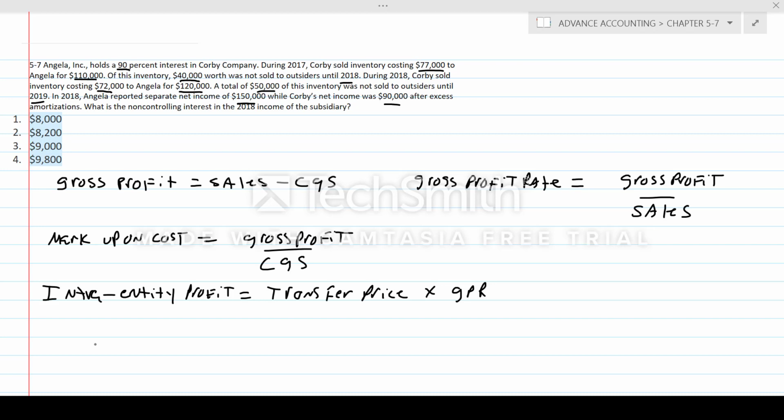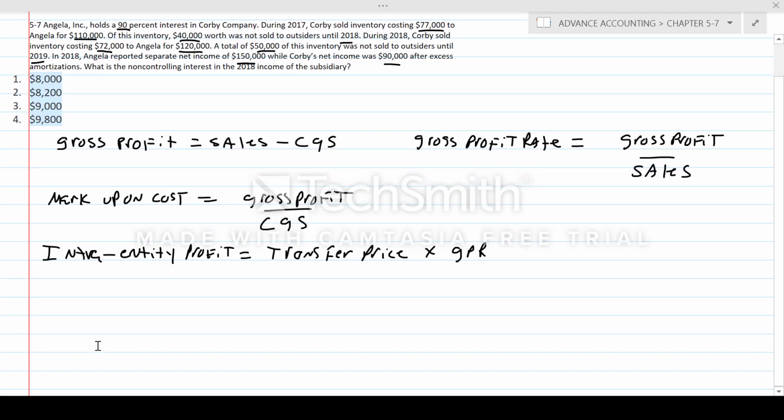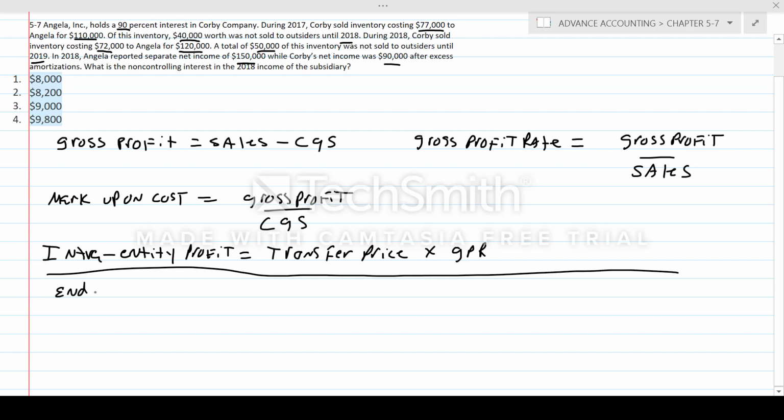So in computing our intra-entity gross profit for 17, we will do as follows. So let me draw a line here from the formulas. And so you'll have your ending inventory, which in this case was $40,000.